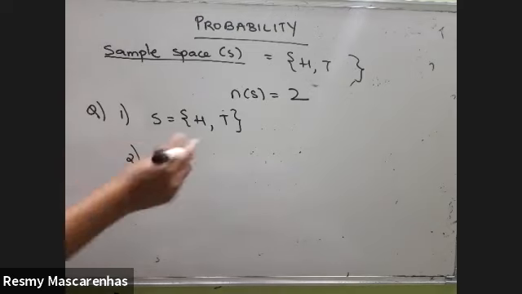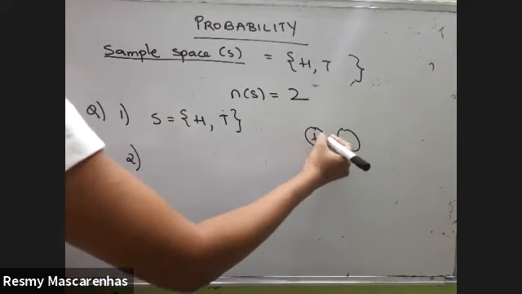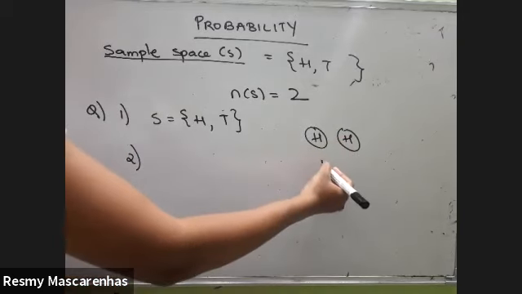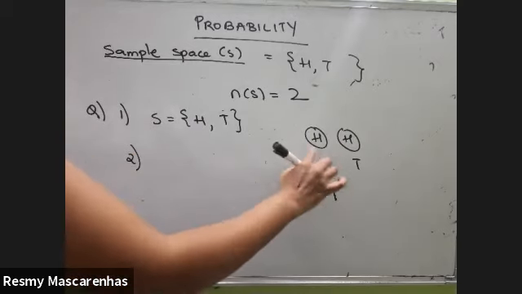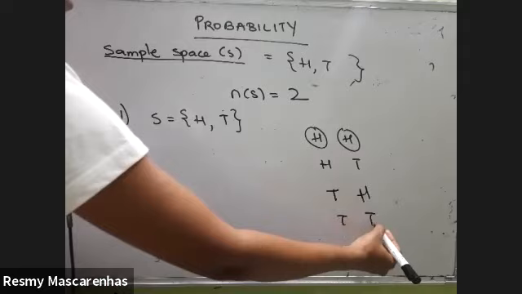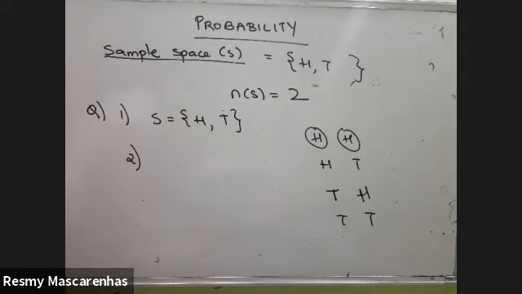Whenever you're tossing 2 coins, the first can be head and the other can be head, or this one can be tail, or the first coin can have tail and the other one head, or both can have tail. These are all the possible combinations if you are throwing 2 coins.